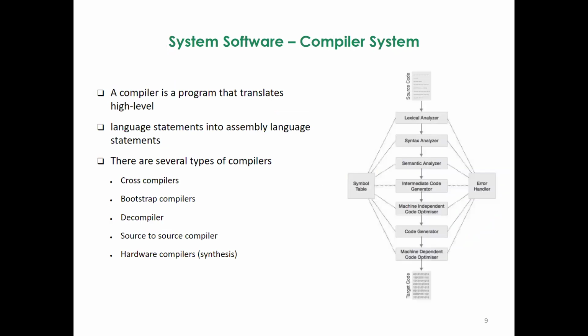So the compiler also is an example of system software. We did discuss the role of the compiler in performance, because the compiler takes code written in high level form and translates that into machine code.